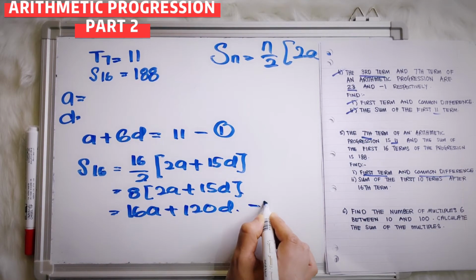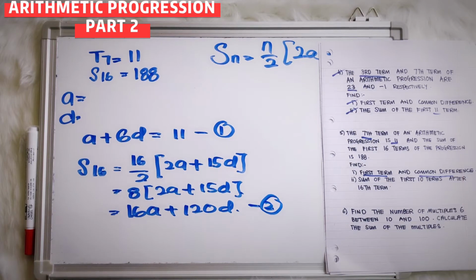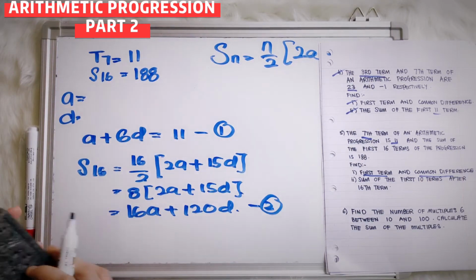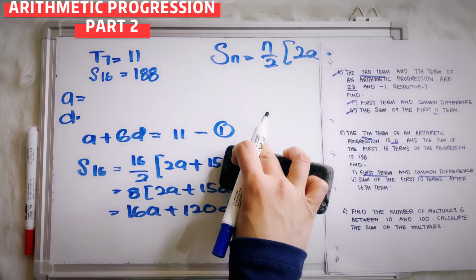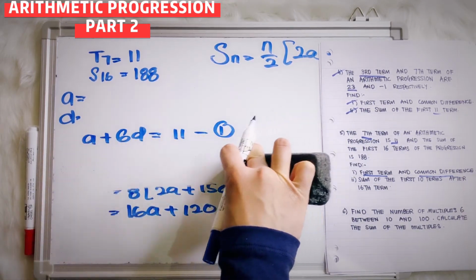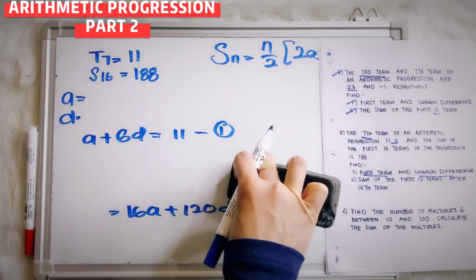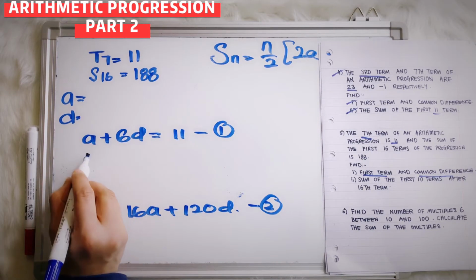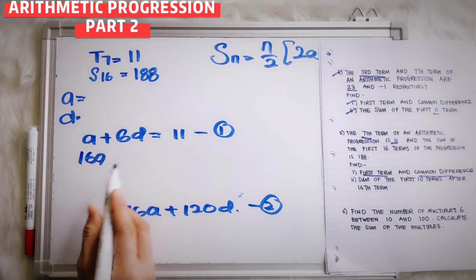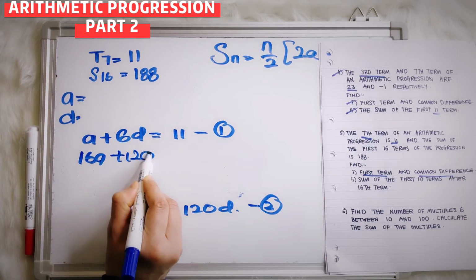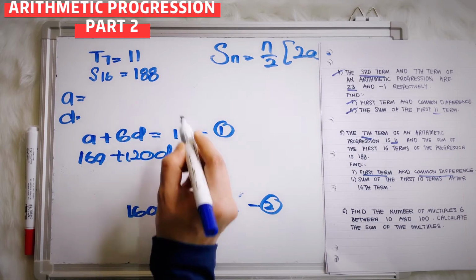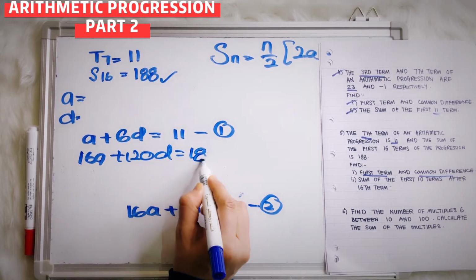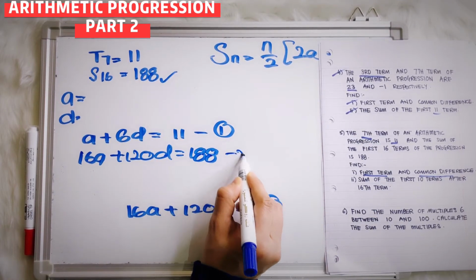So this is our second equation: 16A plus 120D equals 188.